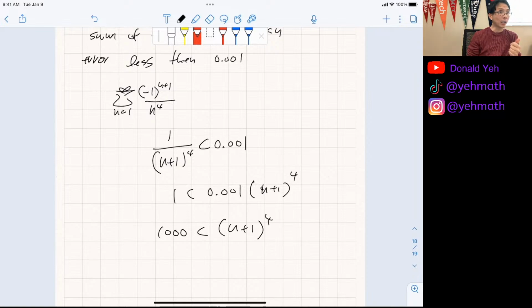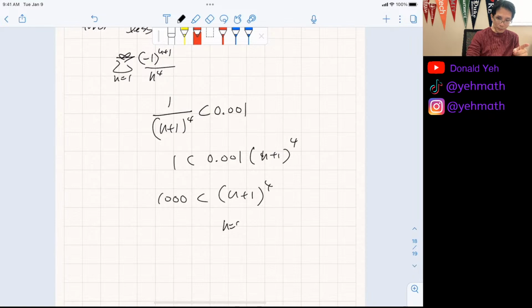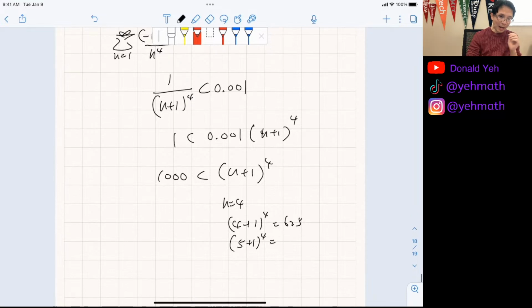Now all we got to do is plug in numbers until they are greater than 1,000. So imagine n equal to 4, so it'll be 4 plus 1 to the 4th power. That's 625. If you got 5 plus 1 to the 4th, you can actually evaluate it. If you don't have a calculator, you can try it because the number is not too hard.